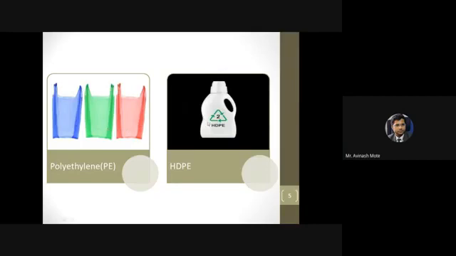Plastic in the sense polyethylene, so the strength of this bottle is more than the strength of this carry bag, and so are the applications. For the costlier applications, they use HDPE, high density polyethylene. Same nature, same structure, only the density is more, so it is used for different applications.